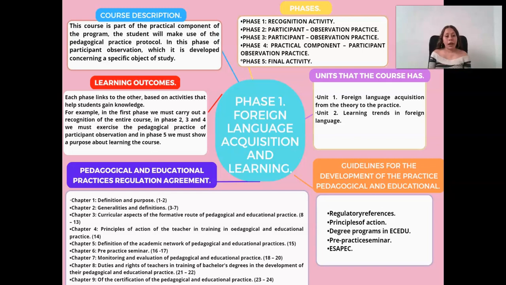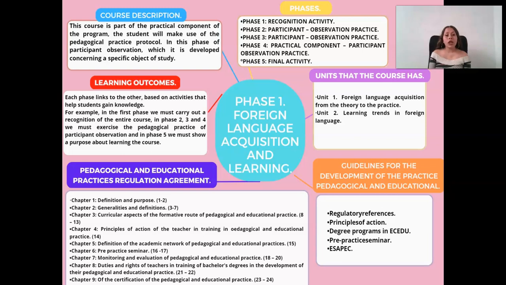Chapter 5, definition of the academic network of pedagogical and educational practice, has article 15. Chapter 6, pre-practice seminar, has articles 16 and 17. Chapter 7, monitoring and evaluation of pedagogical and educational practice, has articles 18 to 20.